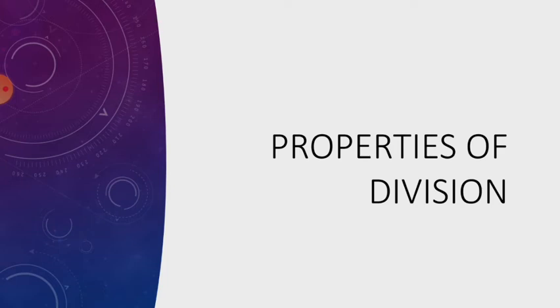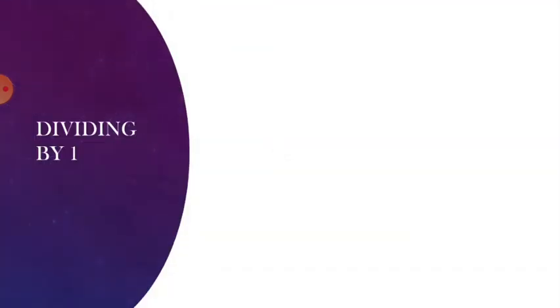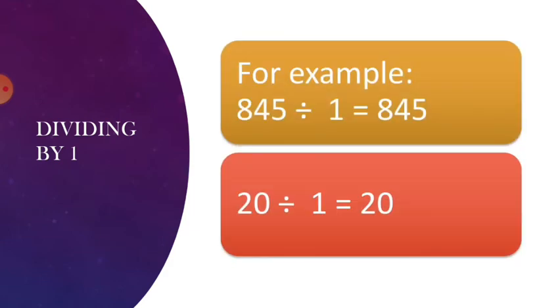So after having the recap of the division that you have already done, now we'll move towards properties of division. First property is dividing any number by 1. Let's take an example. If we divide 845 by 1, we'll get the answer 845.